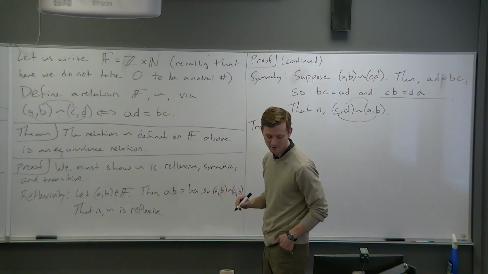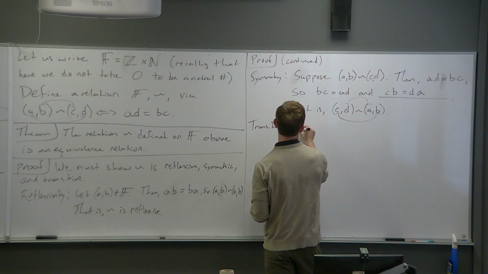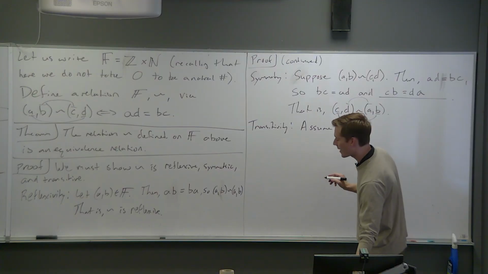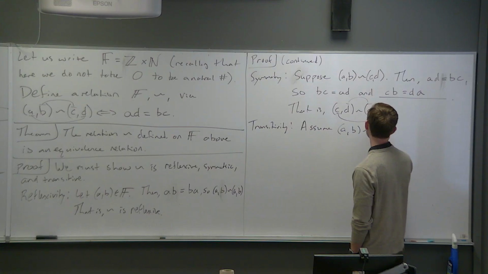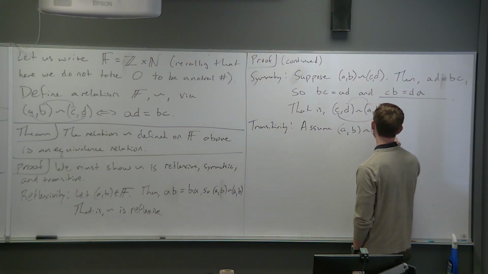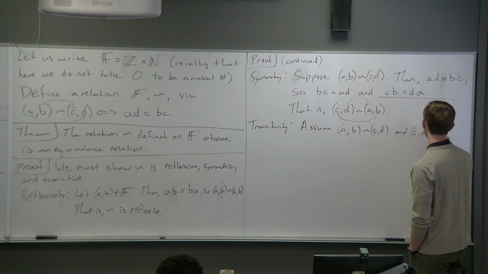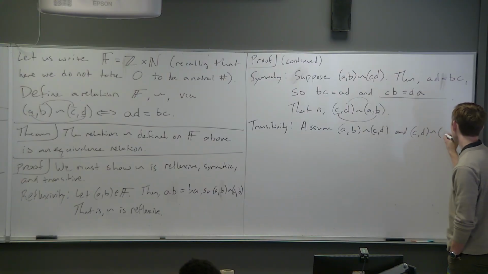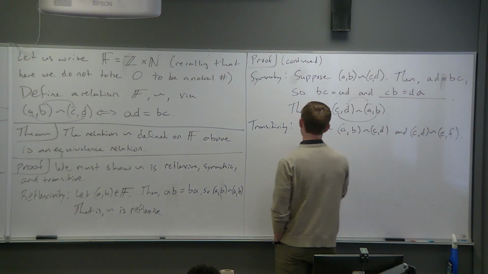So to show transitivity, assume that AB is similar to CD and CD is similar to what? EF, how about? Yeah, that's going to be fine.